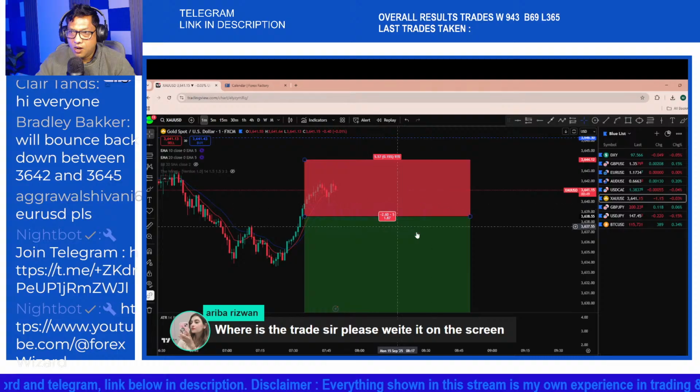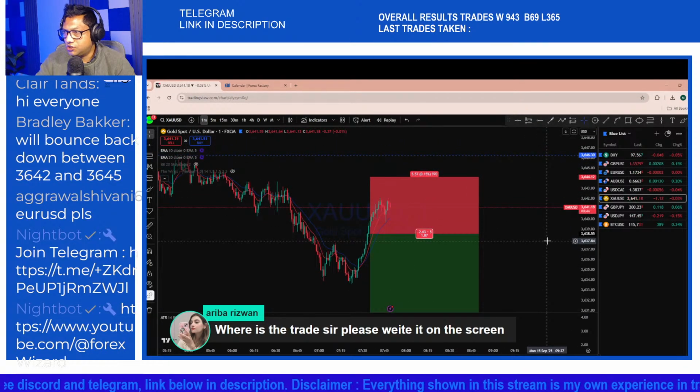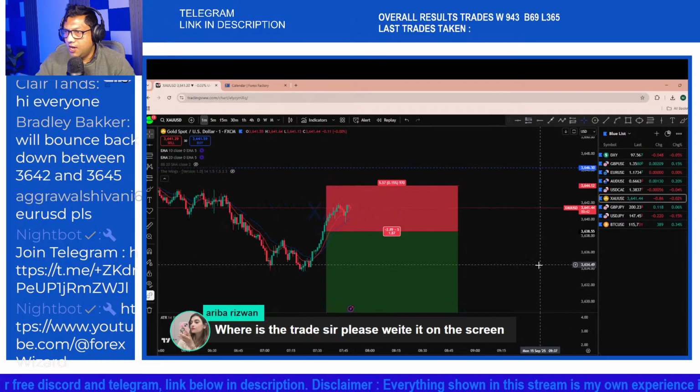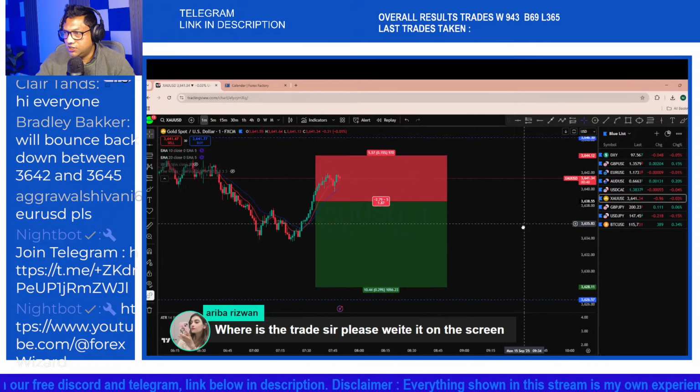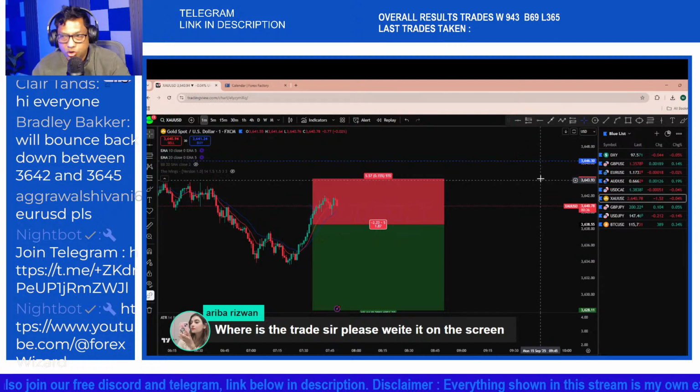Now we are on the trade here, with the entry here, the stop loss at 3644, and the TP target we set at 3628, but we can adjust anytime depending on how the market is showing up in this area.